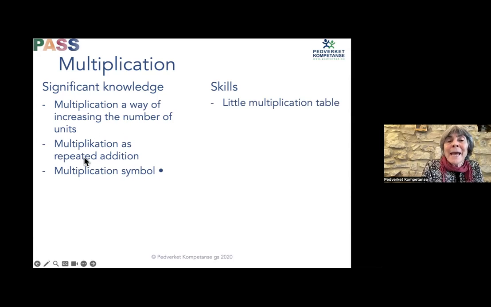Actually, I don't think any of these is mentioned in the curriculum. But I would provide arguments that it is still important as a part of working with multiplication skills and exercising and understanding the little multiplication table, so that you are not getting stuck if you don't remember the correct number combination. You can find out. And also all the multiplication algorithms, the ways of doing it when we're going to calculate with multiplication.